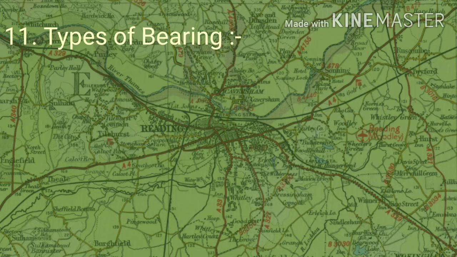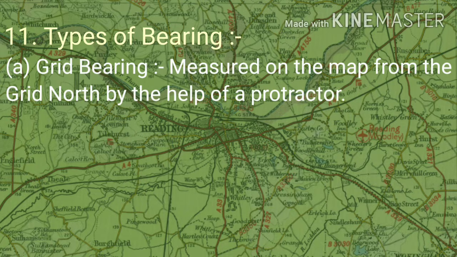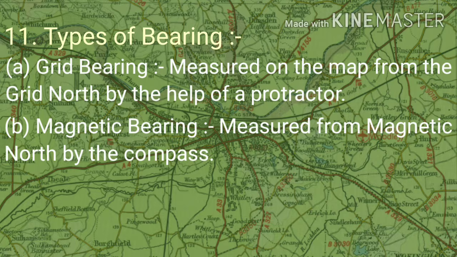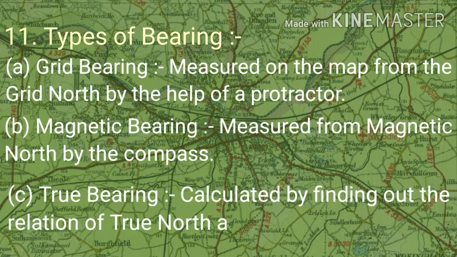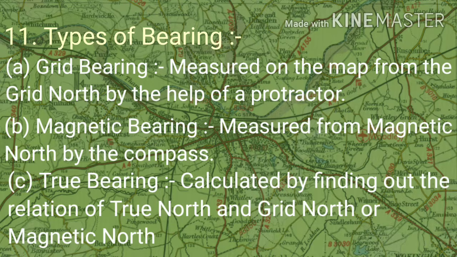There are 3 types of bearing. First one, grid bearing. Measured on the map from the grid north by the help of a protractor, then magnetic bearing measured from magnetic north by the compass, then true bearing calculated by finding out the relation of true north and grid north or magnetic north.